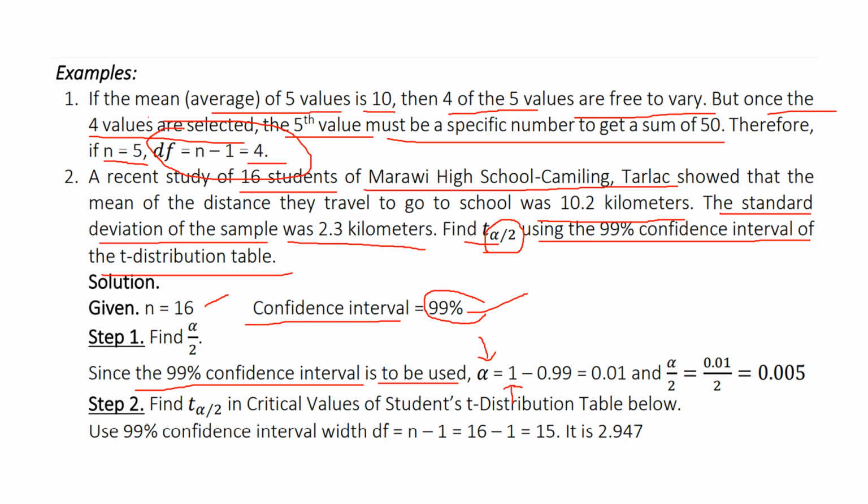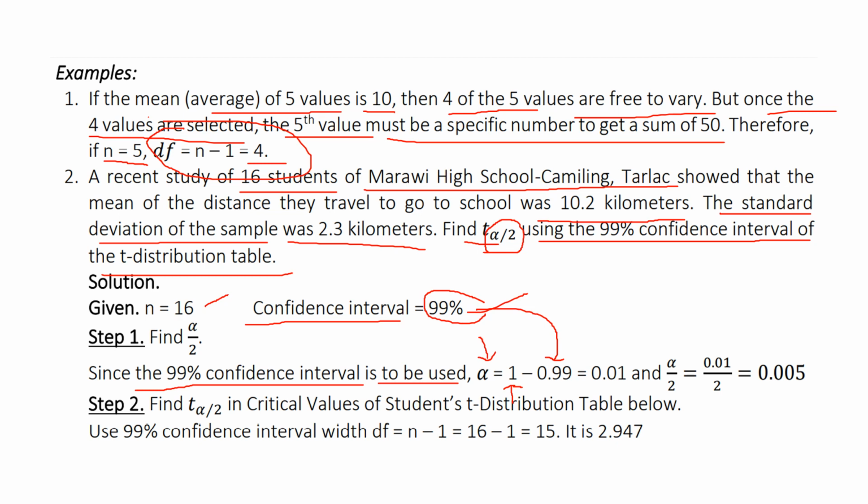And for the 0.99, we simply convert this 99% to decimal. So 99 divided by 100 will be equal to 0.99.